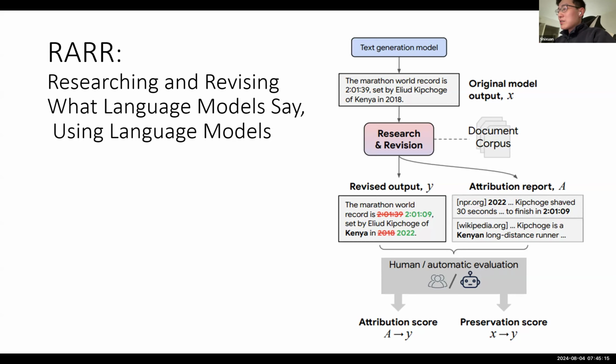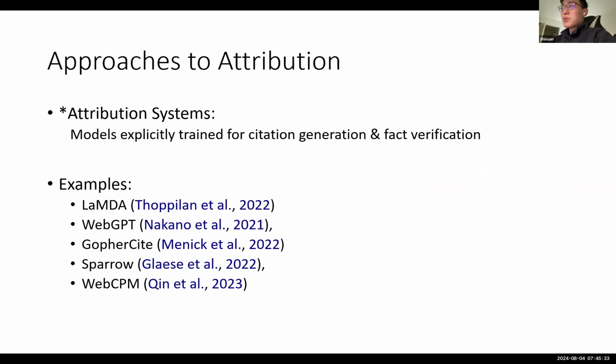Finally, they also have some evaluation process, either by human or automatic process, and give some scores for the revised output and the attribution report. So these are the three main types of attribution.